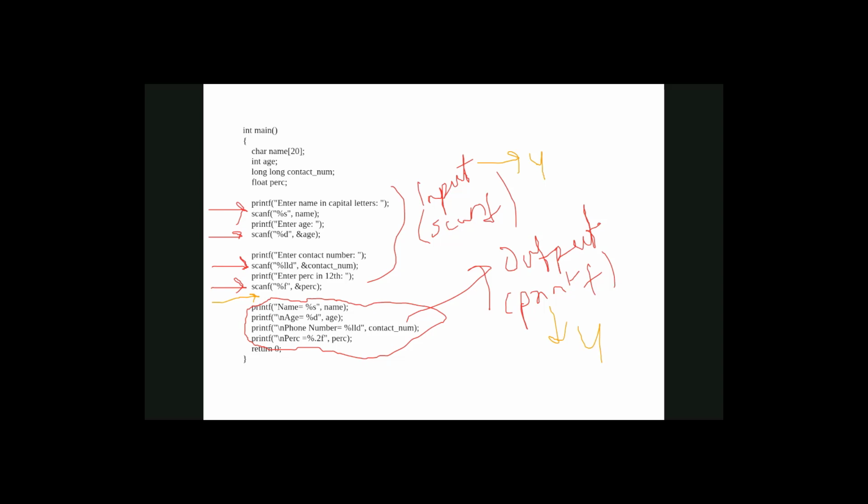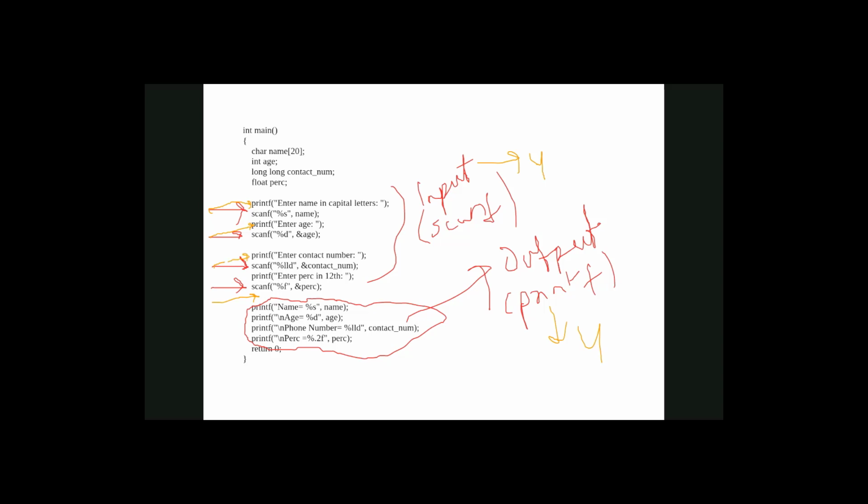If there is a blank screen, how will I come to know that I have to give input? So for every scanf, there is a printf above. For every scanf, there is a printf above.